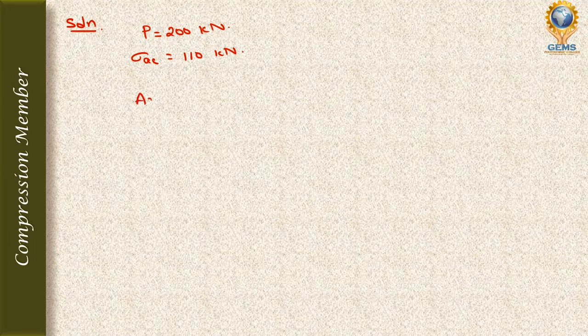So our area approx will be equal to load by sigma AC assumed. So it is 200 into 10 to the power 3 divided by 110. So we will get 1818 mm square. So this is for the overall area.